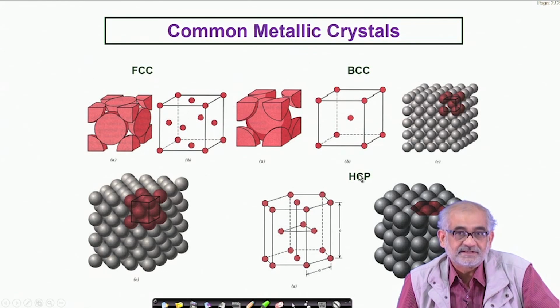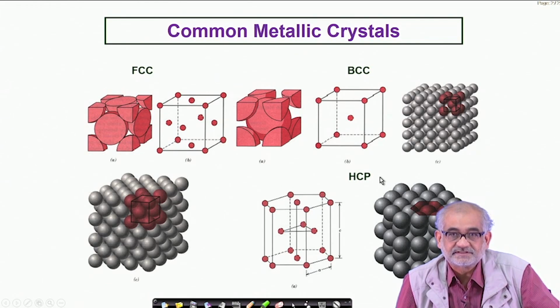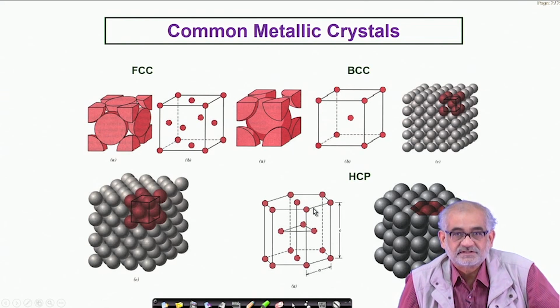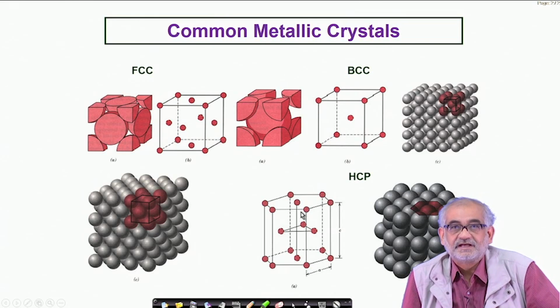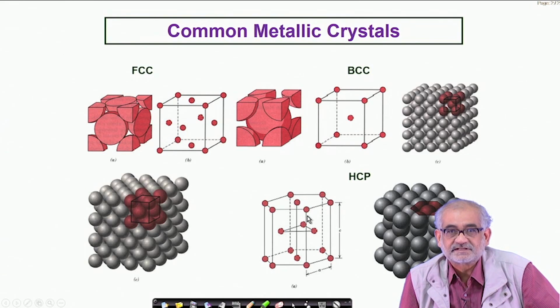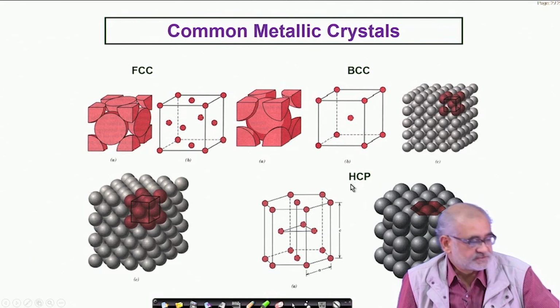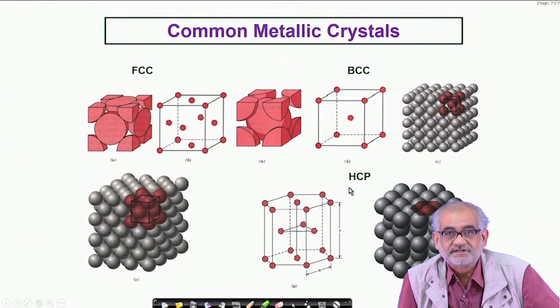Hexagonal close-packed is a crystal structure which is possible due to a particular way of packing or stacking of atoms, and the hexagonal prism that we are seeing is not a unit cell. Actually, we have three unit cells which are juxtaposed with each other. As a result, we see such a hexagonal prismatic structure, but the unit cell actually is 1/3 of this. Anyway, let's not dwell more on this.